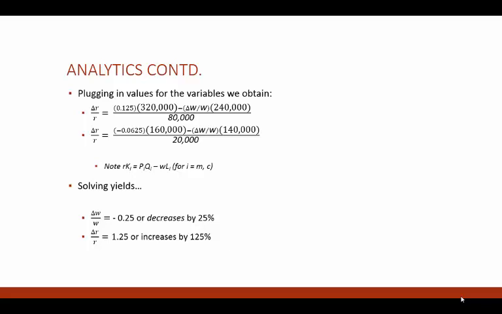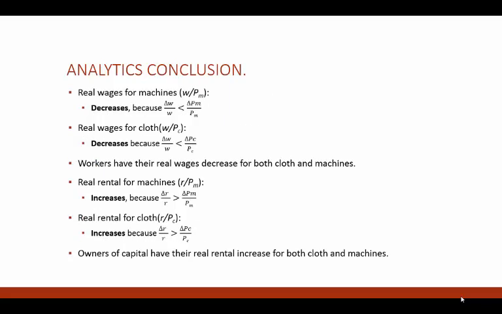So we plug in the known variables and solve the simple two equations in two unknowns simultaneously and see that post-trade wages fall by 25% and rental income increases by 125%. The results again confirm our prior theoretical exposition.